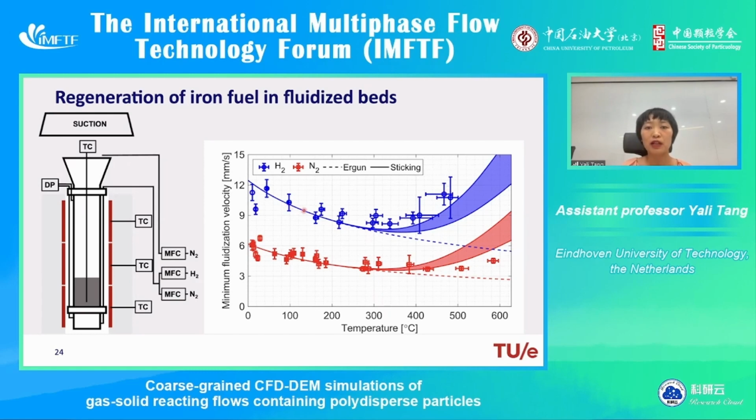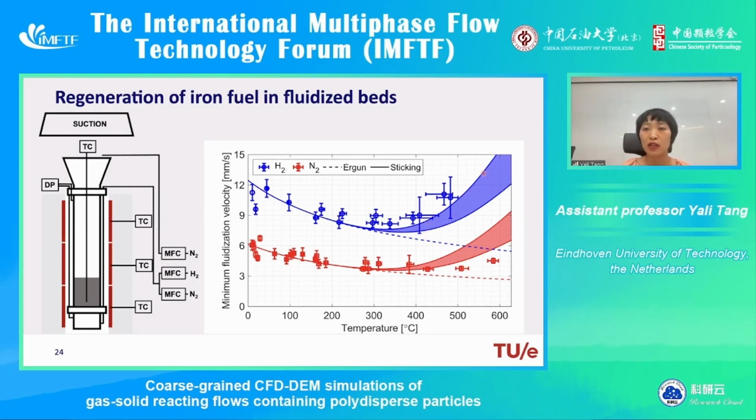If we compare the experiment data with the Ergun equation, we see a good match at lower temperatures. However, there's a difference between the experiment data and the Ergun equation, which is represented by the dashed line, at higher temperatures. This difference we found can be corrected by incorporating a sintering force term in the equation.